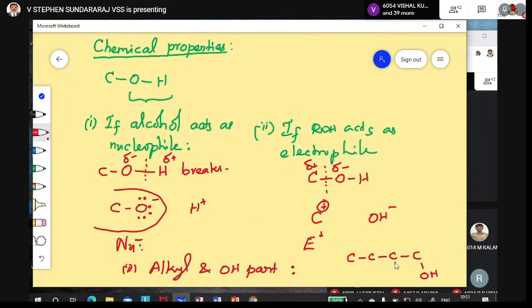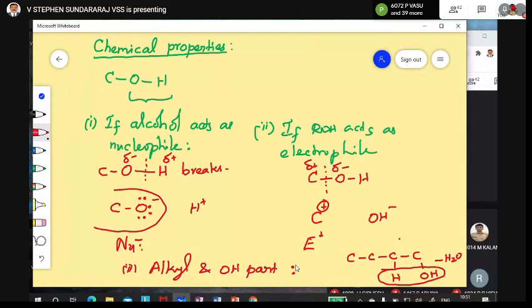Now what happened? At the neighboring place, minus H2O goes. Now see, the OH also reacted, and this hydrocarbon portion also reacted. So elimination of water, dehydration, belongs to this category. Both the alkyl part and the OH part will react.